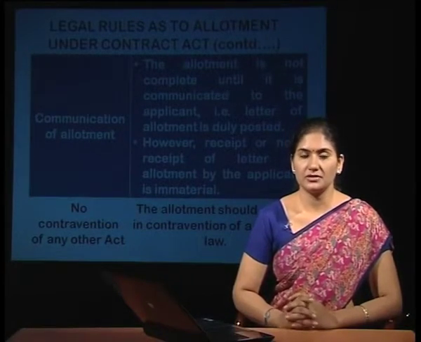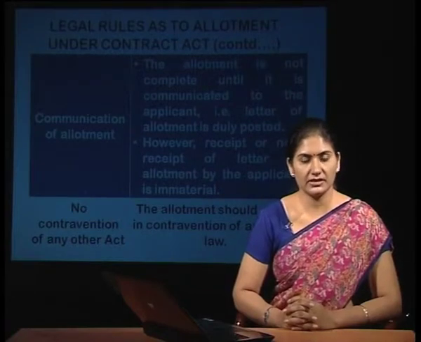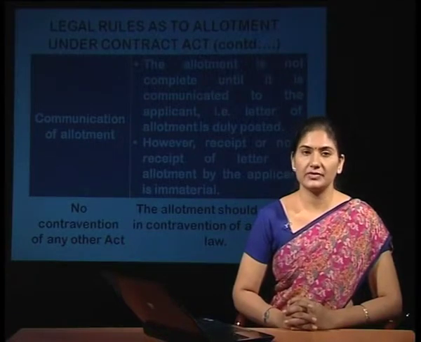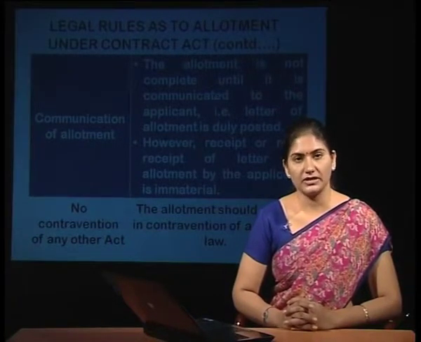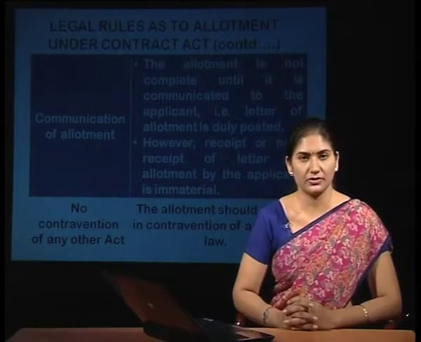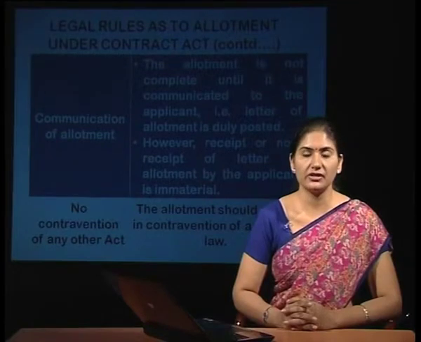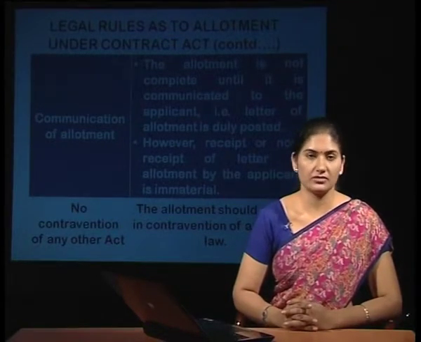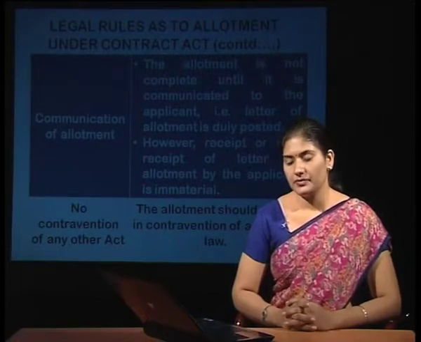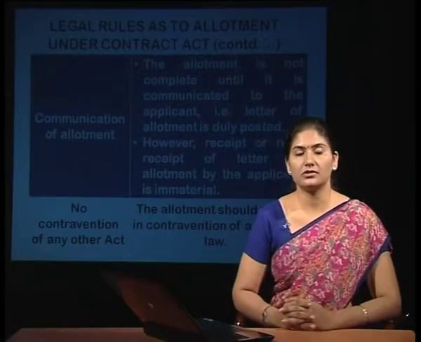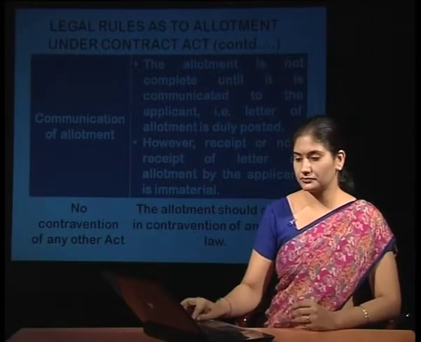So, a contract is not binding on the shareholder unless such a communication has been made, and this can be known if the company has posted a letter of allotment at a valid address provided by the shareholder. Whether such letter is received or not received is immaterial. Whether he has read it or not is also immaterial. It should also be seen that there is no contravention of any other act. The allotment should not be in contravention of any other act, that is, the rules or the laws of the land.